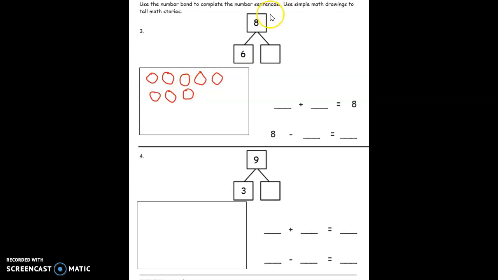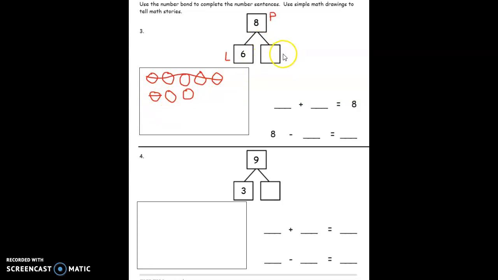And let's label. We have 8 pencils altogether. If we lose 6 of them, go ahead and cross 6 of them out. Then how many do we have left?